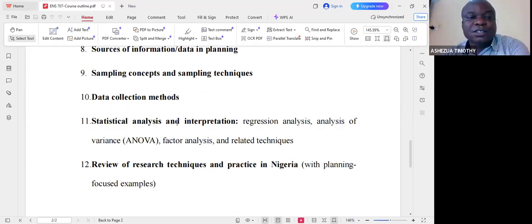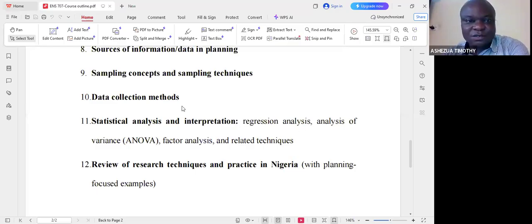Then we'll look at statistical analysis and interpretation. When we analyze our statistical data, we interpret it so that the end users can make meaning out of our computation.